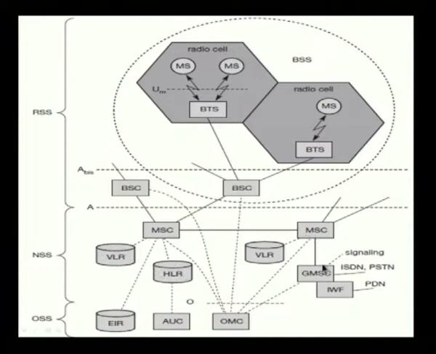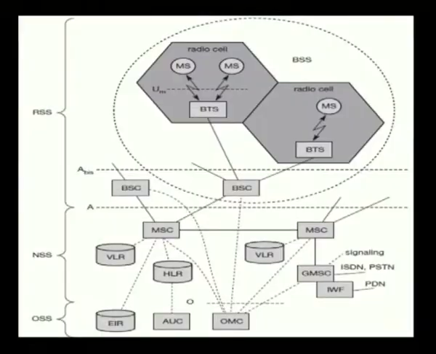The MSCs are connected with the outside networks like PSTN, PDN through the gateway mobile switching center. Let us discuss how these are used in the GSM network. Various subcomponents are integrated in the NSS layer. Let us start and discuss one by one.